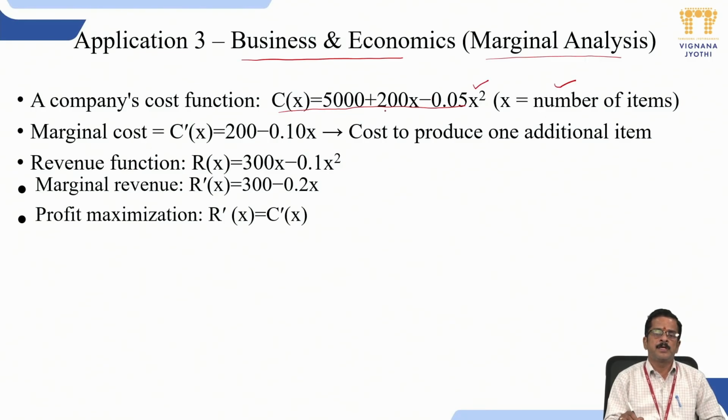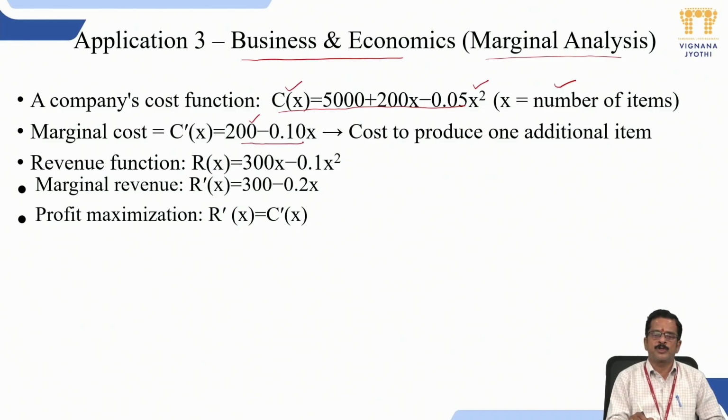The marginal cost function is the first derivative of the cost function. The differentiation of 5000 is 0, of 200x is 200, and of minus 0.05x square is minus 0.10x. So this is the first derivative.